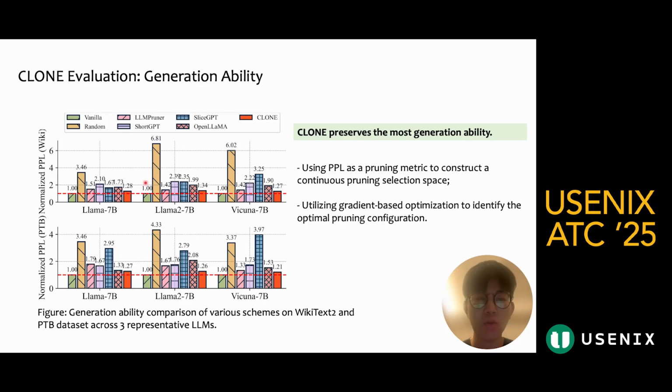From this result, we can see that Clone preserves the most generation ability. This is due to, first, we use generation ability as a pruning metric for the pruning ratio selection. Secondly, we use the gradient-based optimization to identify the optimal pruning configuration.